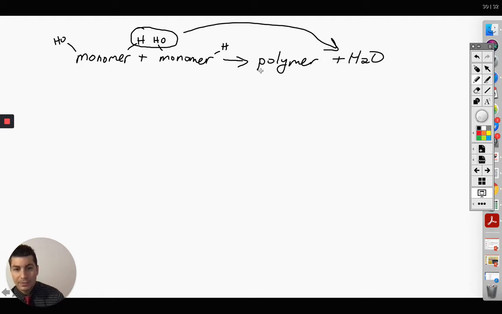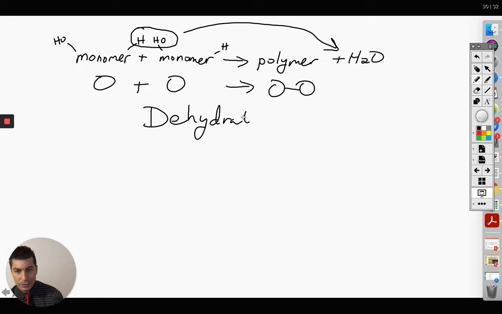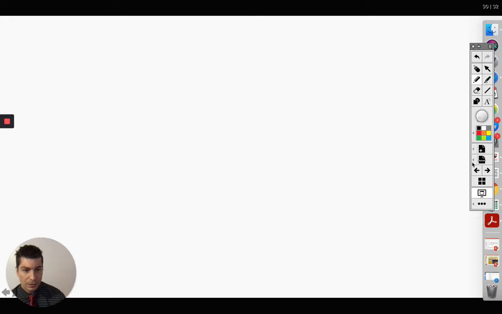And they break off, guys, in order for these monomers to bind together right here and get our polymer out of it. So again, guys, this is a dehydration reaction, dehydration synthesis reaction, condensation reaction. It's all the same.